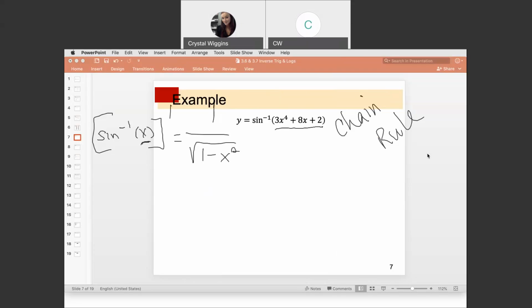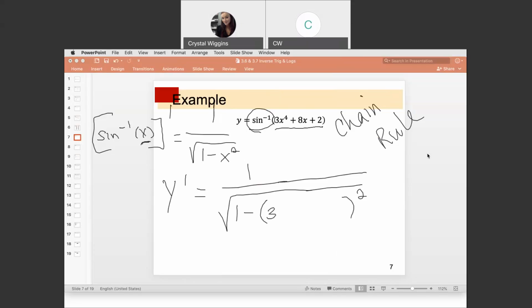So our first order of business when working with the chain rule is to focus on the outside function. So the derivative is going to be 1 over the square root of 1 minus the inside function squared, which is that whole polynomial, 3x to the 4th plus 8x plus 2, times the derivative of what's inside by the chain rule.